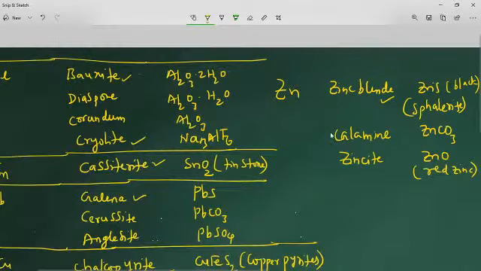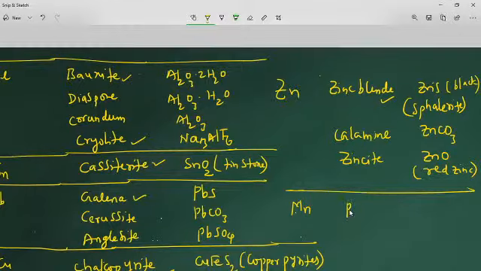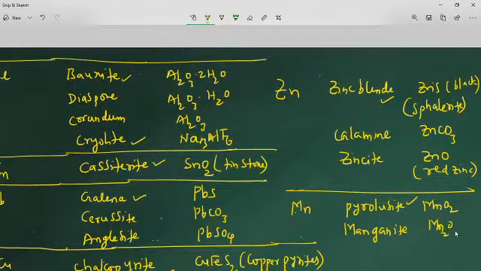Likewise, we have manganese. For manganese, we have pyrolusite, that is manganese dioxide, MnO2, the most important ore. And also manganite, that is a sesquioxide, Mn2O3.H2O.